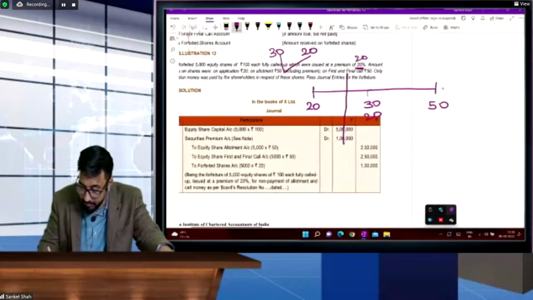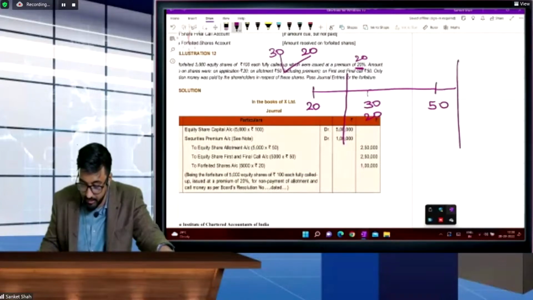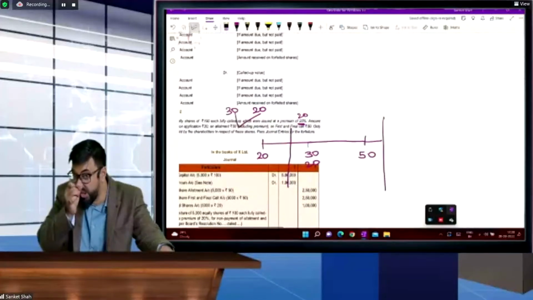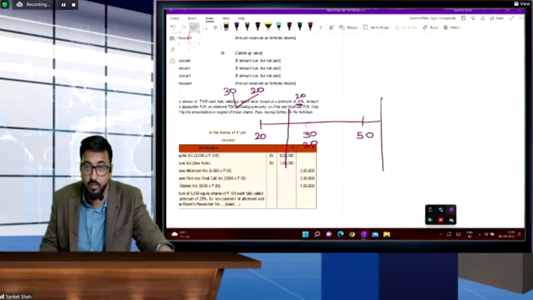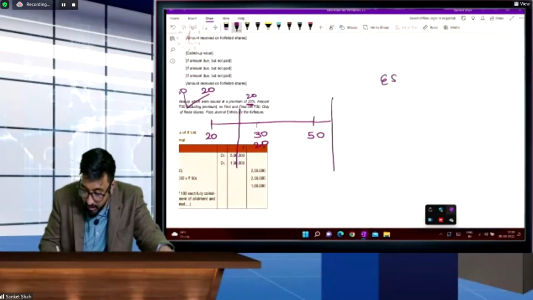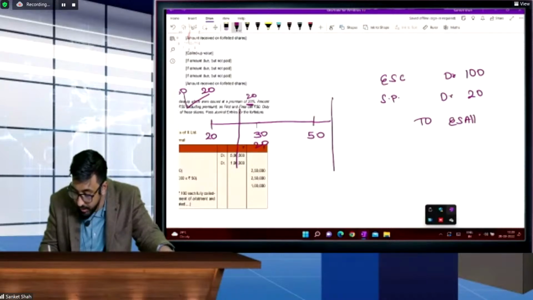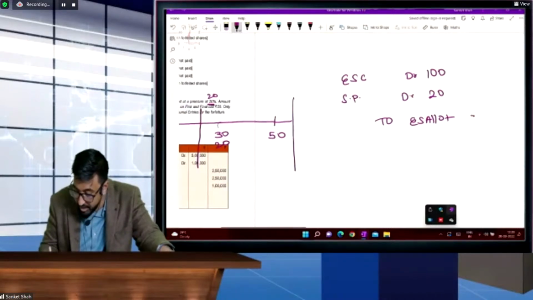And after final call, shares are forfeited. So is the security premium received or not received? Not received. So equity share capital debit up to second line, 100. Security premium debit 20. To equity share allotment 50, to first call 50.